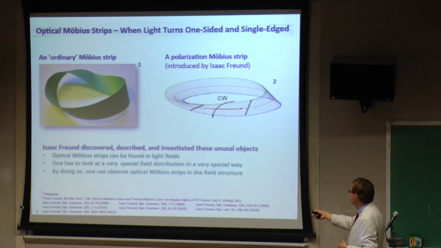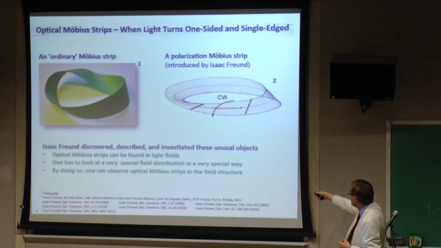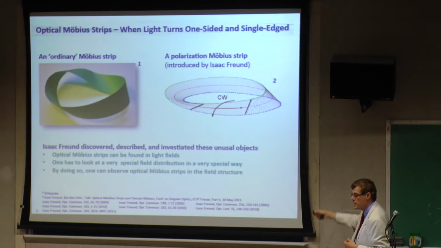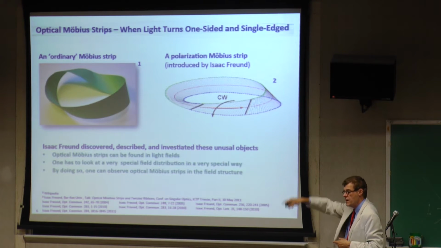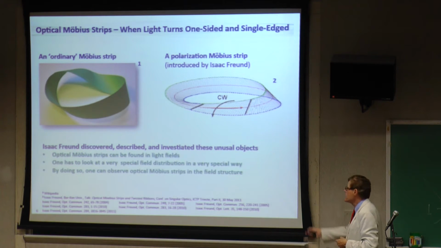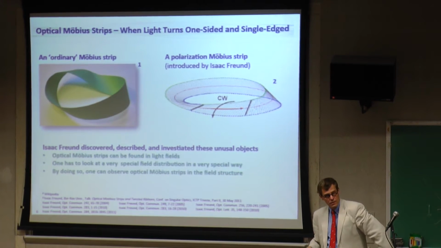And here's what we mean. Tightly focused laser beam, I'll tell you the details later. Now draw a circle around the axis of the beam. Plot the major axis of the polarization ellipse as a function of position, and after you go around the circle once, you find that the axis of the ellipse has changed from this to this.